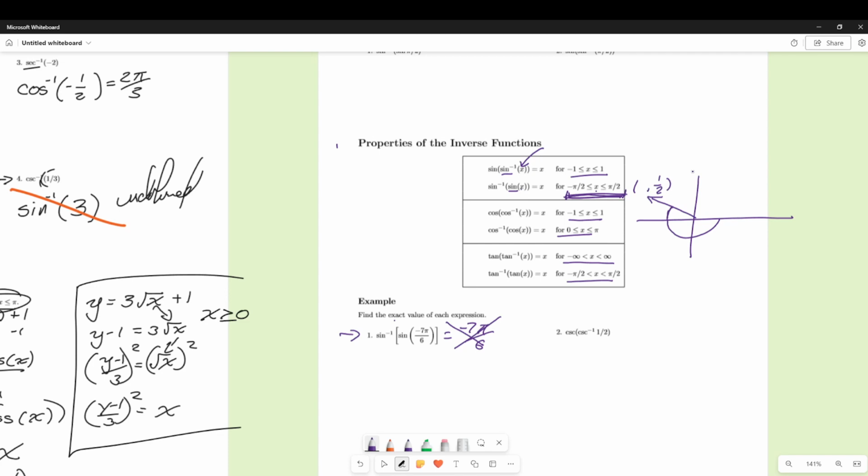So we'd have to look somewhere within our restriction, somewhere over here in quadrant 1 and the negative version of quadrant 4, where we also have a y value of 1/2, and that would happen at pi over 6, because that also has a y value of positive 1/2. So the sine inverse of the sine of -7 pi over 6 is actually pi over 6. It's the value within the restriction.